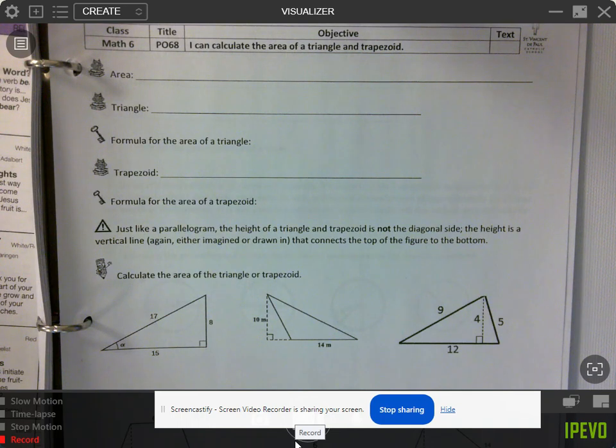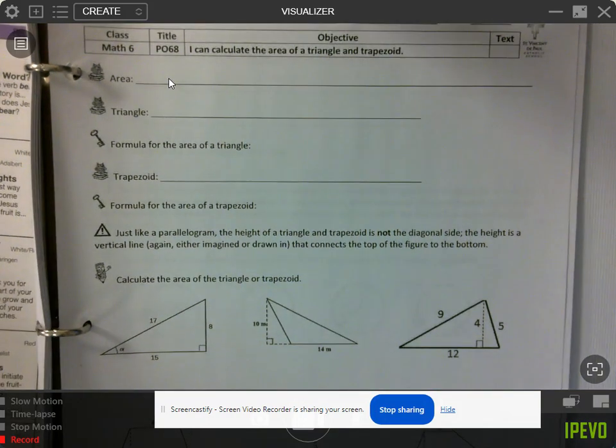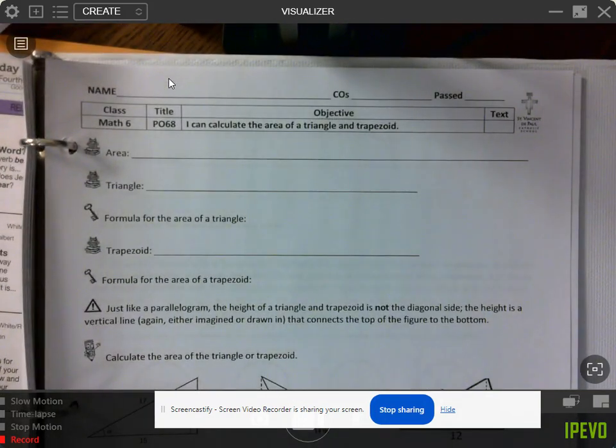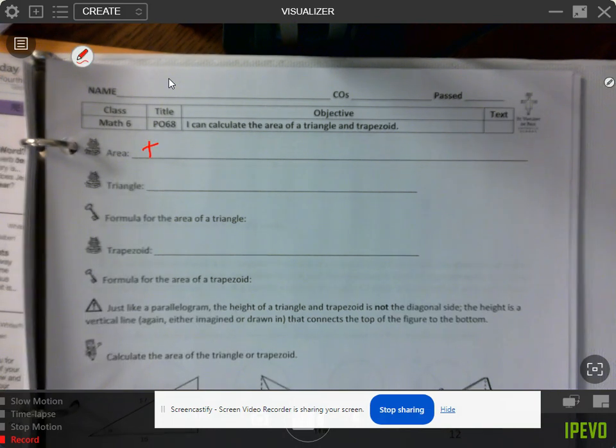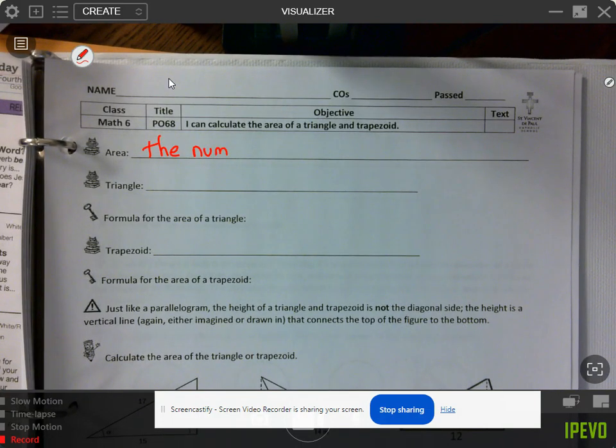The area, remember, is the number of square units needed to cover a figure.